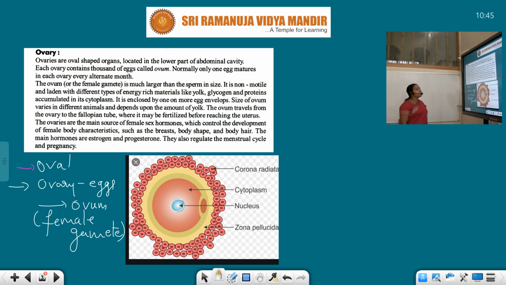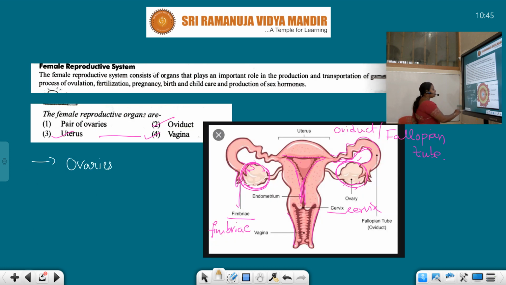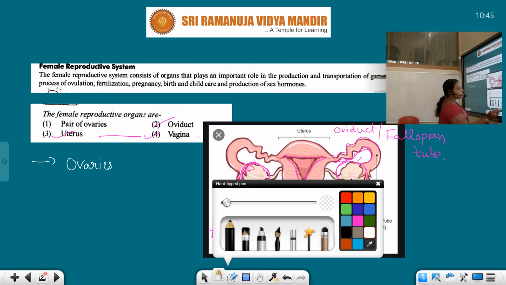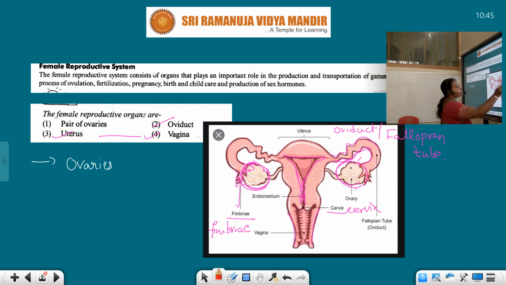The size of the ovum varies in different animals, depending upon the amount of yolk. The ovum travels from the ovary to the fallopian tube. See, students, I said no, the ovum is produced here by the ovaries. Ovaries are going to release the ovum by the process.